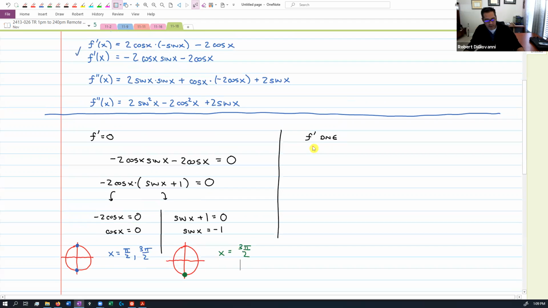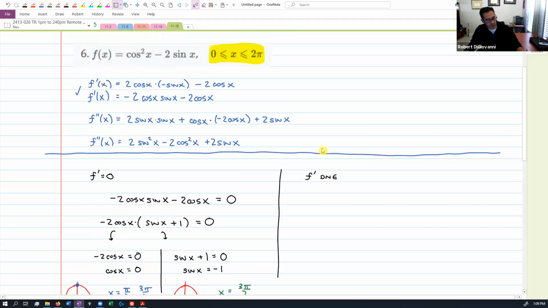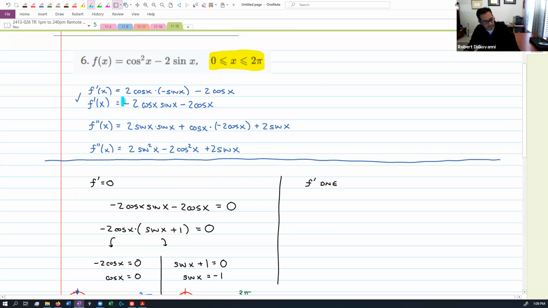Now, where does the derivative not exist? When you're looking at where the derivative doesn't exist, what you can really do is look at the derivative and look at its domain. Are there any numbers you cannot plug in for x here that would cause a problem?